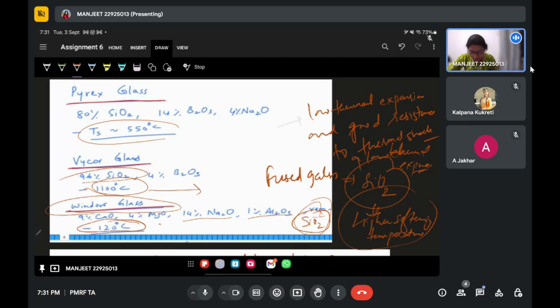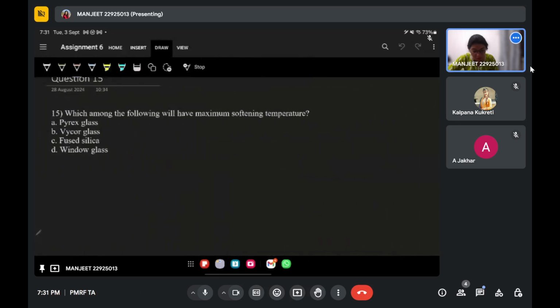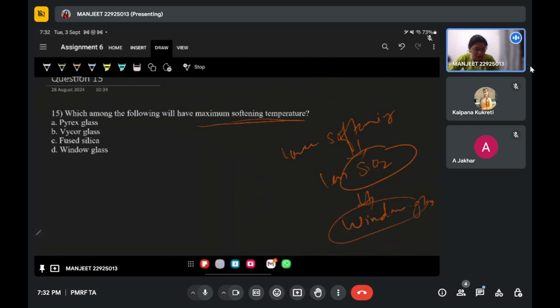So let's move to the question. Which of the following has the maximum softening temperature? A lower softening temperature relates to less silica content, which is basically in window glass. So if it asked for the lower softening temperature, it would be window glass.